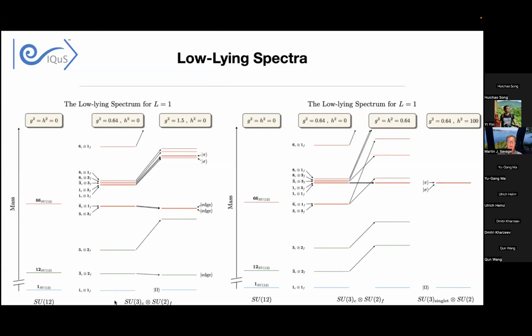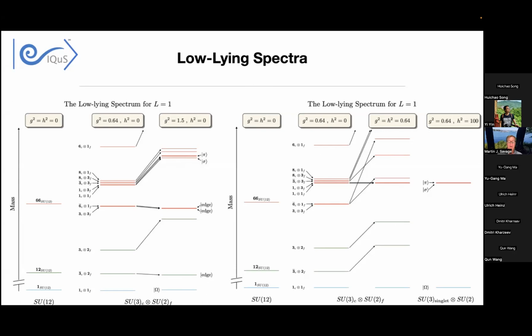When you turn on the strong coupling G², one sees splittings between these levels that you can identify completely with states that reside in the bulk, but also color edge states. And that becomes clearer and clearer as you crank up the coupling G², and you see states here that don't really vary much with regard to G². These are edge states, and these are where the physical color singlet states lie, the lowest lying ones.